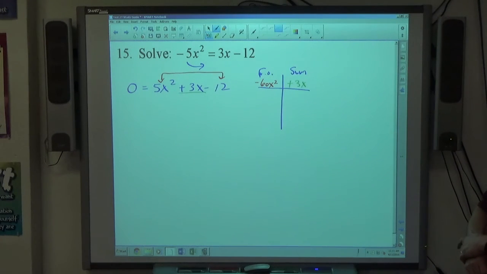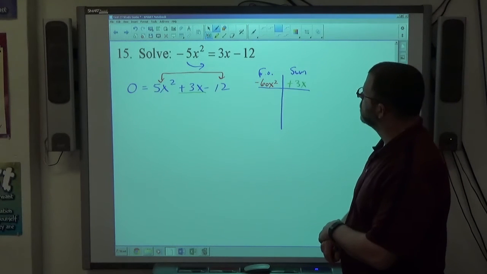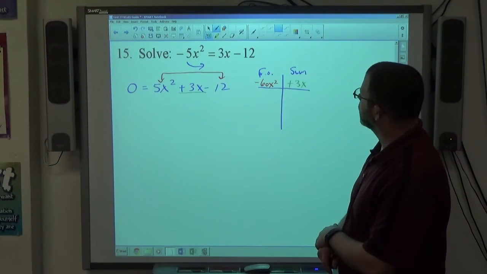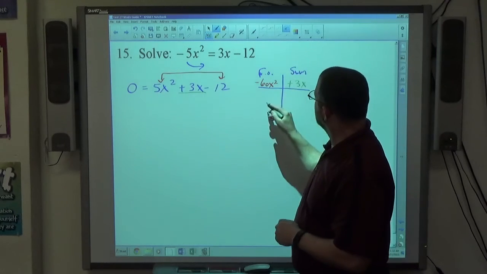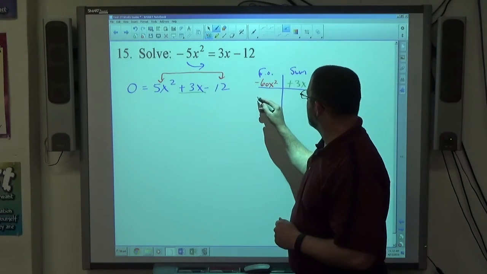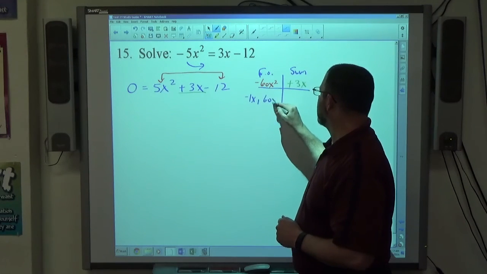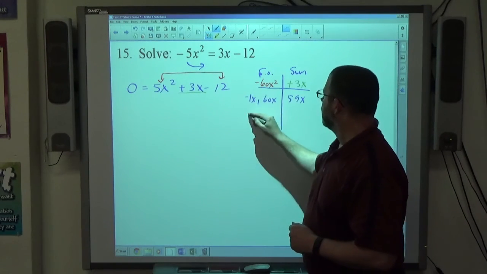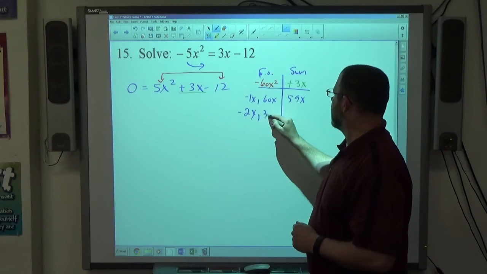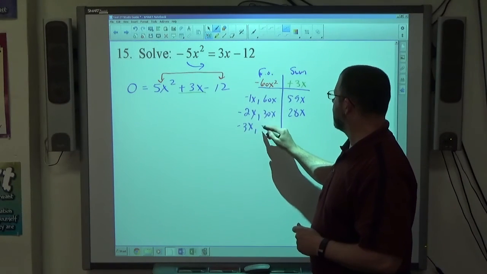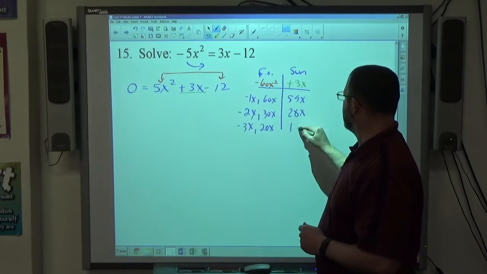I don't know if this works. I just go one at a time. So 1x and negative 1x and 60x makes 59x, obviously wrong. 2x, negative 2x and 30x is 28x. Negative 3x and 20x is 17x.